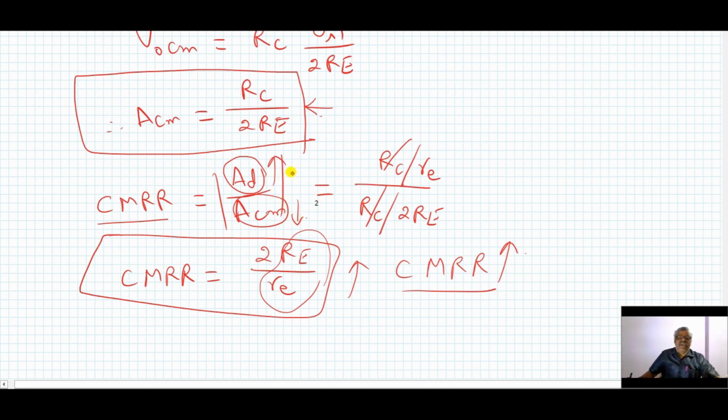That indicates the differential component is amplified with more gain and the common mode component is amplified with less gain. That is what is required in our practical applications, which we can achieve by using this differential amplifier, especially the emitter coupled differential amplifier.